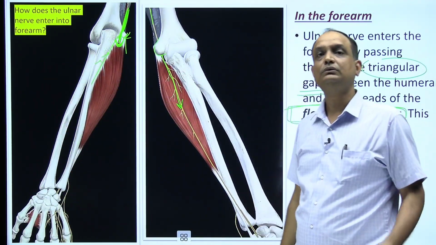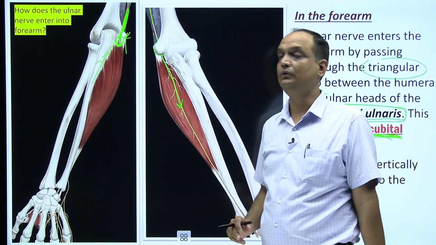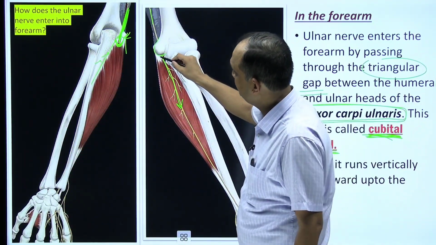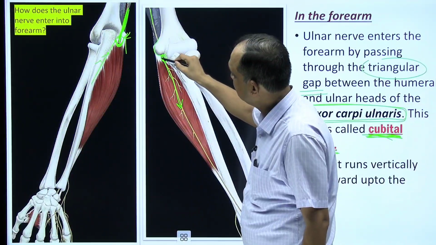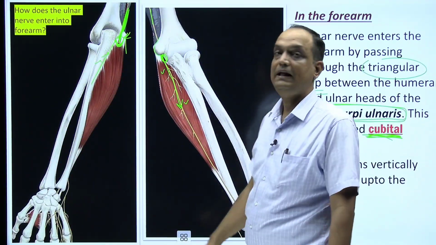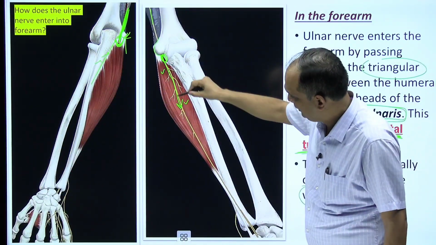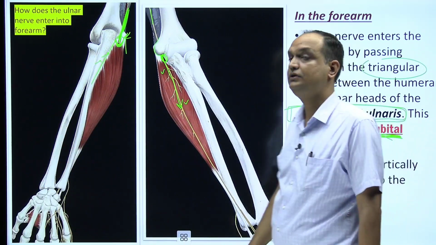Clear? So, what is the question? How does the ulnar nerve enter into the forearm? The answer is it passes through this gap, and this gap is between the two heads of your flexor carpi ulnaris. And then it runs along the medial border and reaches the wrist joint.